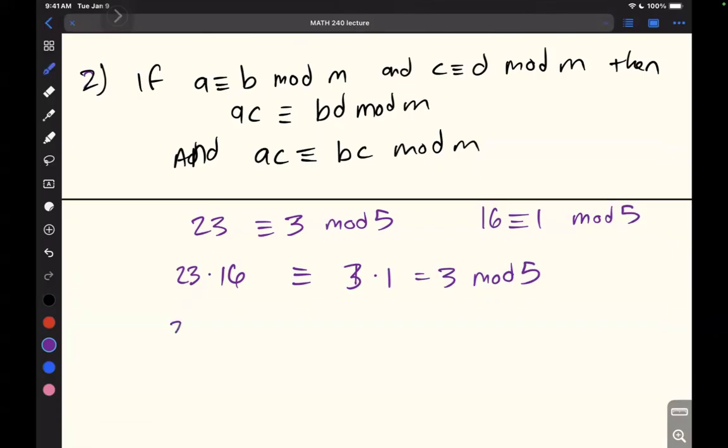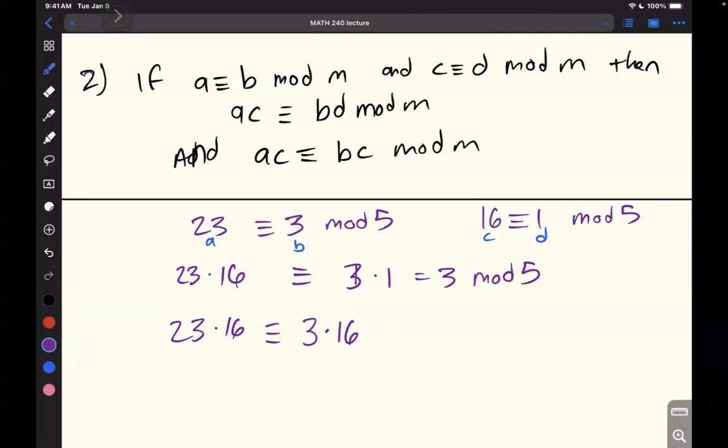And if we wanted to do 23 times 16, and we already know that 23 is congruent to 3. So this in our case is A, B, C, D. 23 times 16 is equivalent to 3 times 16.